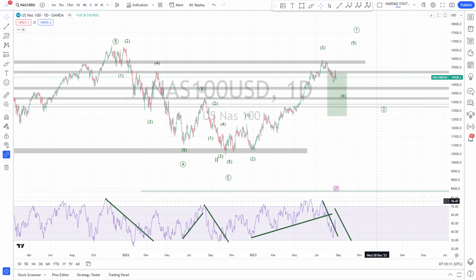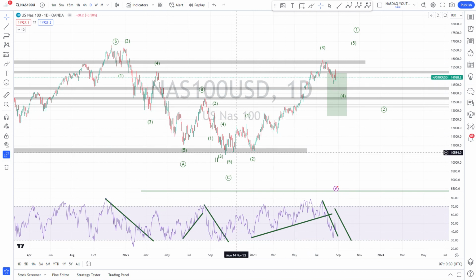So 5 waves down, an impulse, and then this would just be an A, B, C to the upside, 3 waves. So this is something that is possible, but it's not my primary scenario.